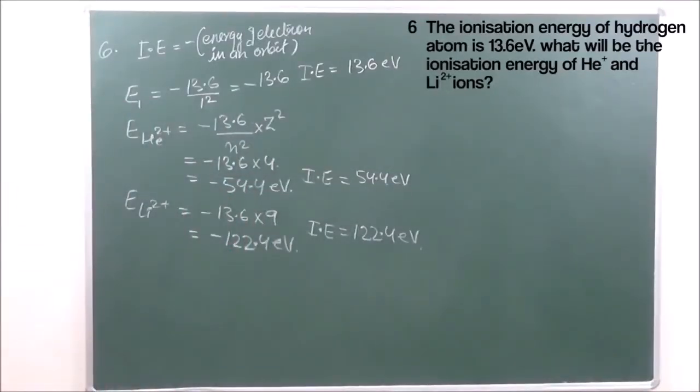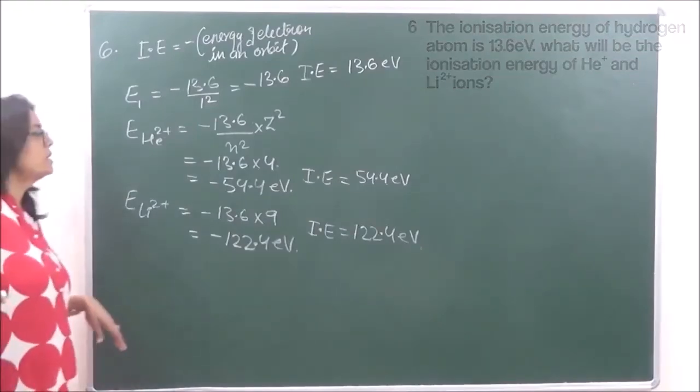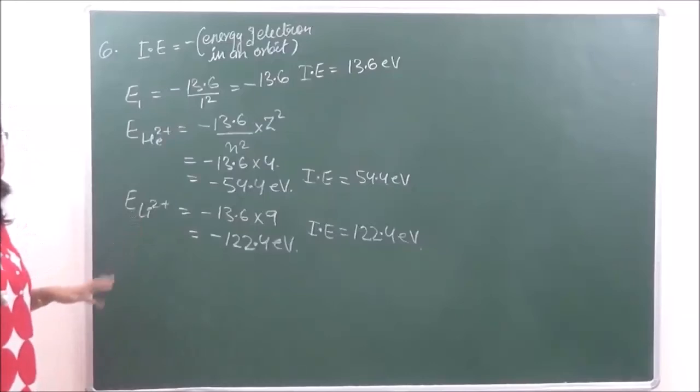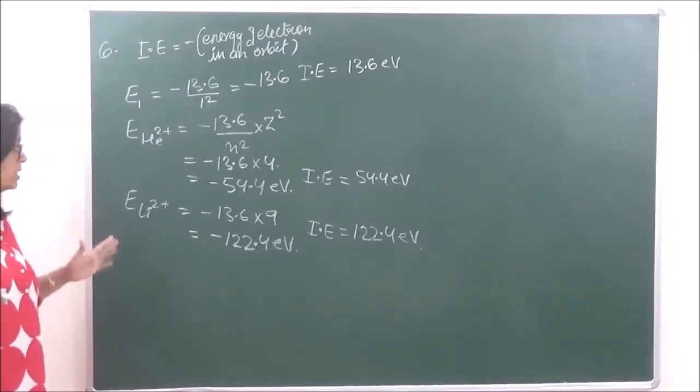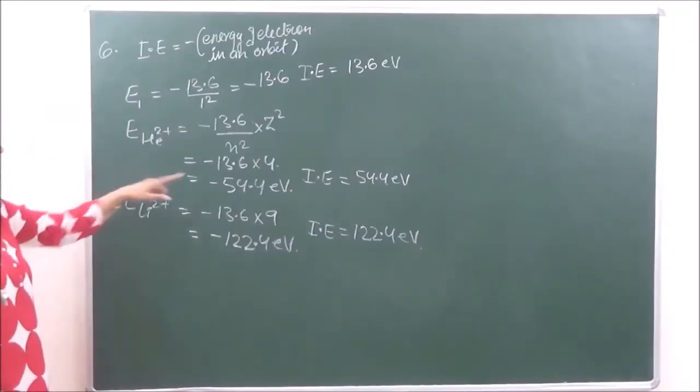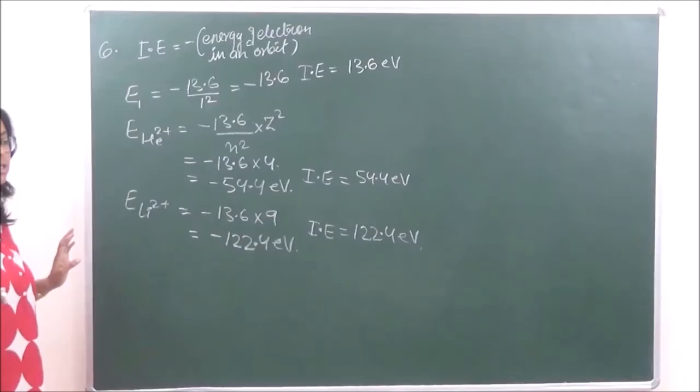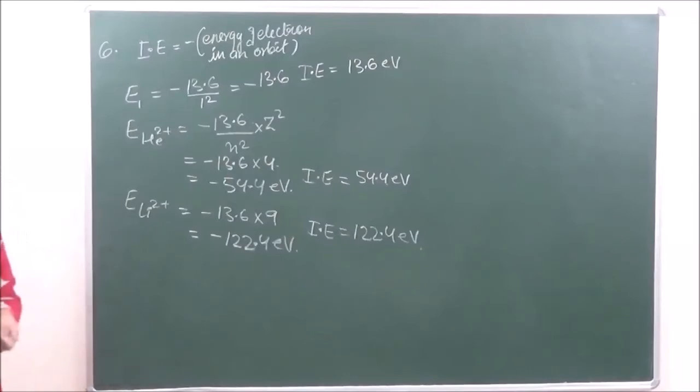Have you understood? So if you get to calculate the ionization energies, what we have to do is we only have to change the sign. We have to calculate the energies first by this method and then you change the sign. Ionization energies are going to be positive. Okay, then let's go on to question number 7.